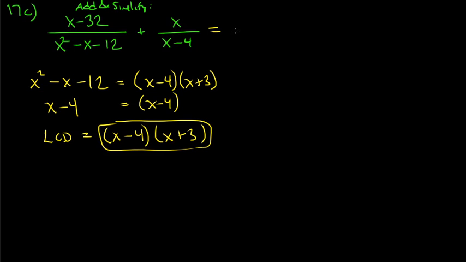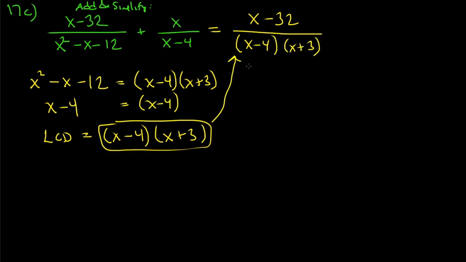Step 2, we're going to rewrite each fraction. So x minus 32 over x minus 4 times x plus 3. That's the factored version. But you'll notice that that's already the LCD, so we don't have to do anything with that. However, in the second fraction, the x over x minus 4, you'll notice that that is not the least common denominator.